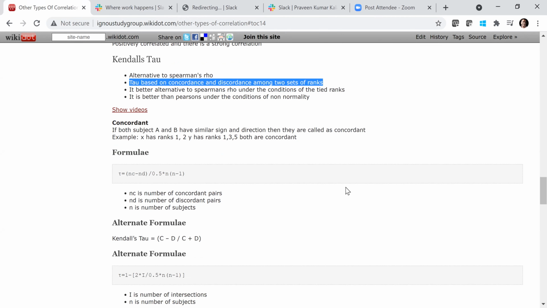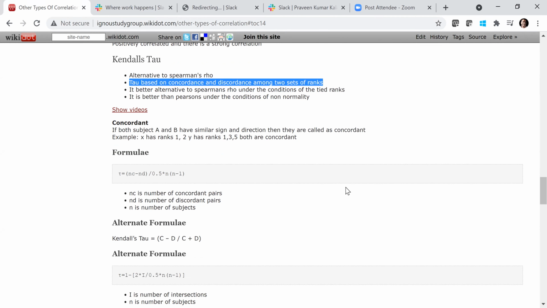So first, there are a few concepts that need to be understood before we go into how exactly these calculations are made. The entire Kendall is dependent on concordant and discordant pairs. So what exactly is a concordant pair?